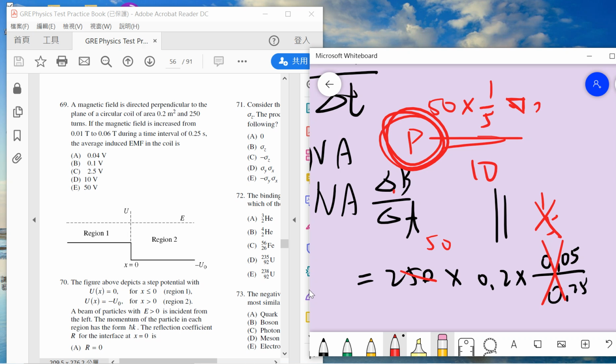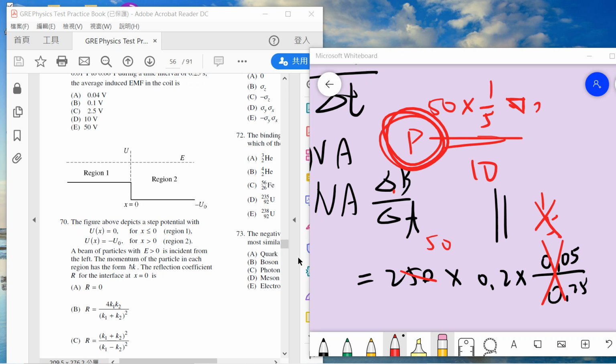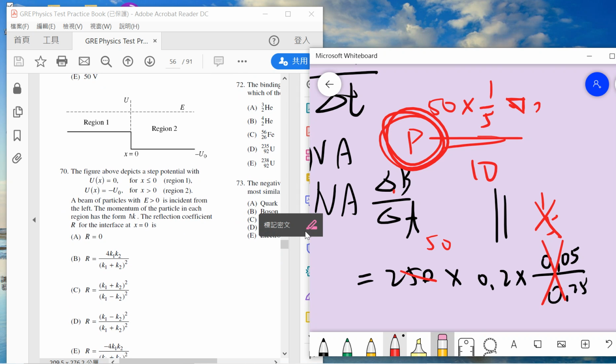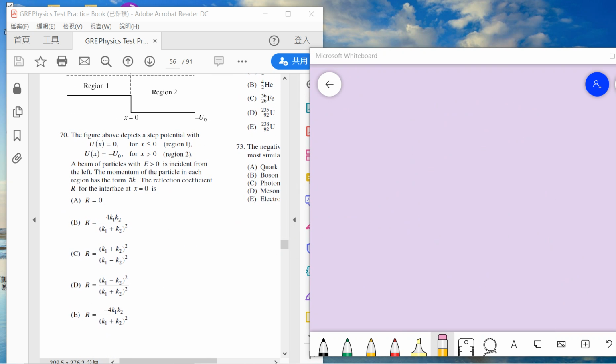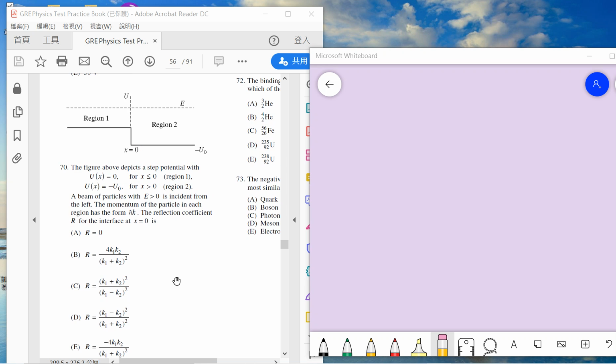Okay, so 70, you can read the problem. But the problem is that in the real test, you don't have time to solve the Schrödinger equation. So you need to refresh your memory on the important thing: when K1 equals K2, there should be no reflection.